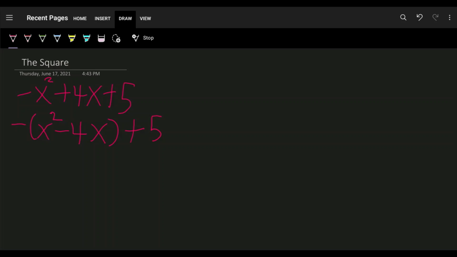And this equation is still equal because we have not manipulated it in any way except factoring out a negative. So now this is a more readable form to complete the square.